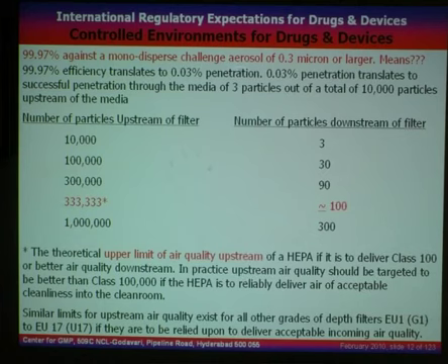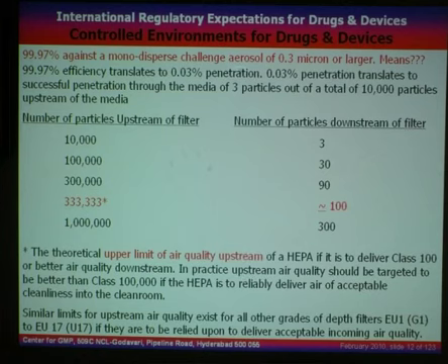In other words, class 100 conditions cannot be attained by a perfectly normal filter if the upstream air quality exceeds or is worse than 333,333.